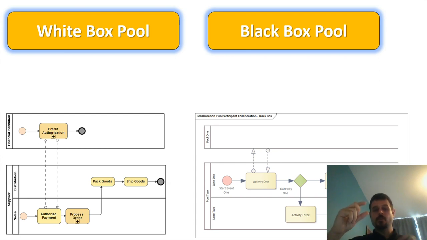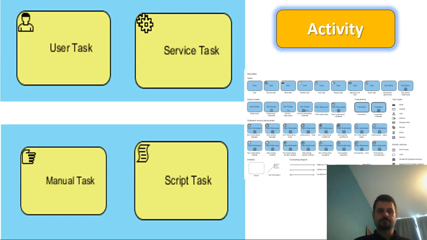This pool can be white if we want to control their task and create access to our software or systems, and can be a black box pool when it's not important for us, or we are just displaying a relationship with other processes.